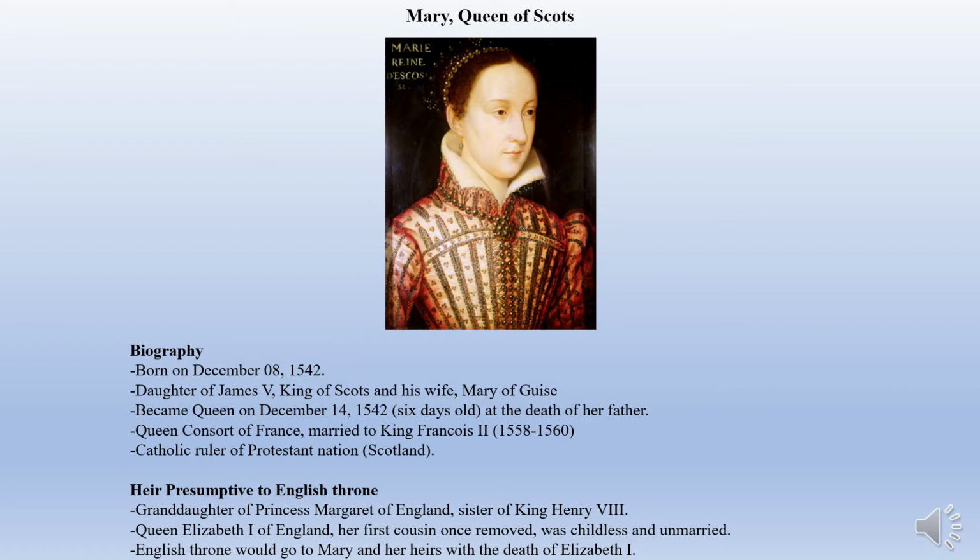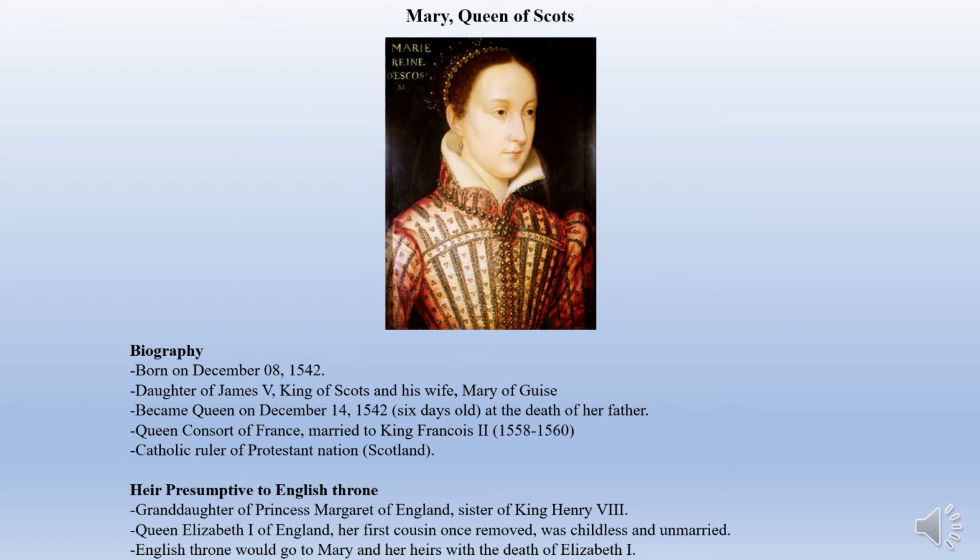She is the daughter of King James V and his wife, Mary of Guise, but she is the granddaughter of Henry the Eighth's sister, Princess Margaret of England. That meant that if Elizabeth dies without an heir, she is her first cousin once removed. That means she is the next legitimate heir to the English throne.